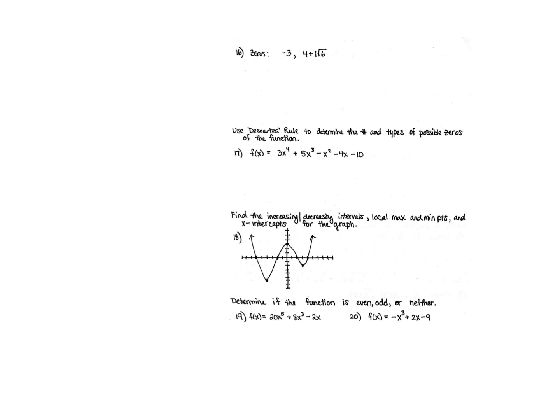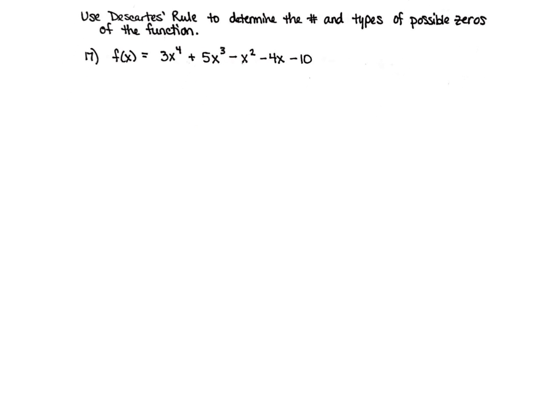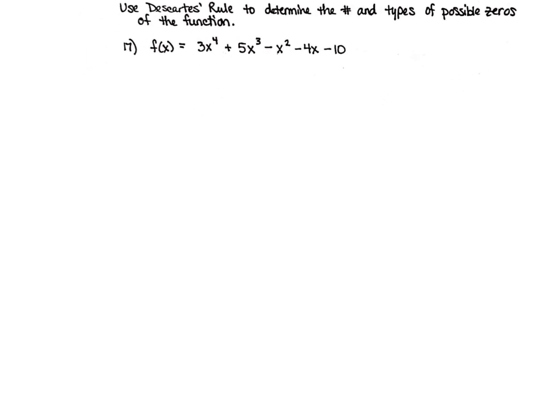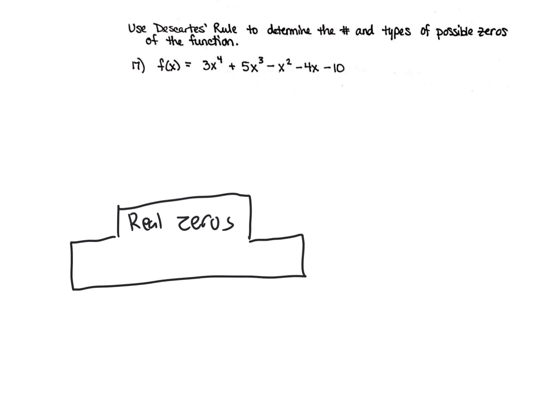Using Descartes' rule of signs to determine the number and types of possible zeros of the function. Well, we have real zeros as a possibility, and those could be subdivided into positive and negative.